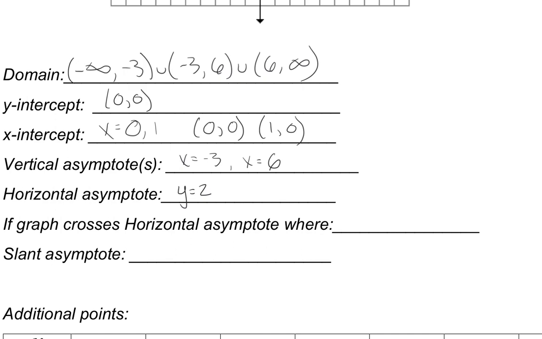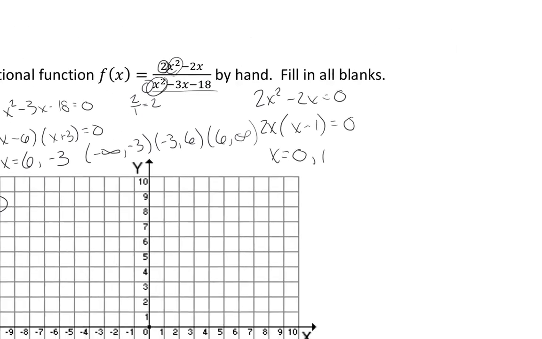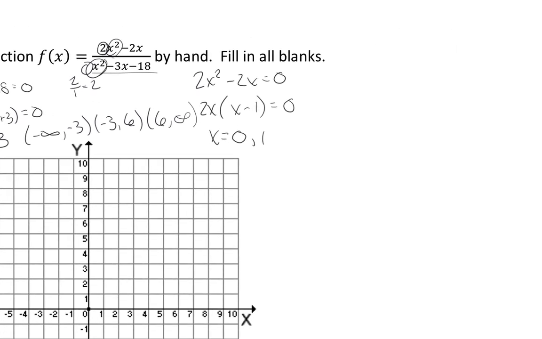So now we're going to check to see if the graph crosses the horizontal asymptote. We're going to plug in 2 for the y and see where that happens.